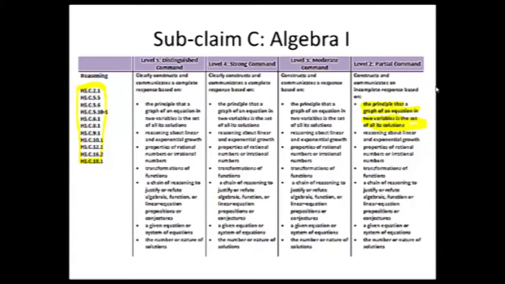Other items of note, as you dig into subclaim C for Algebra 1, you'll see that the amount of logical reasoning that I use will increase as my performance level goes up.